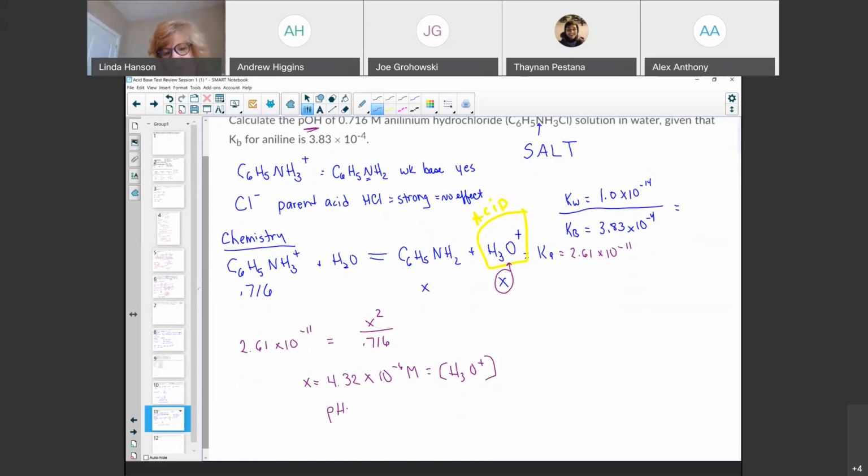Since this is the hydronium, I can negative log 4.32 times 10 to the negative 6 and get something called pH because it's the hydrogen. So I'll hit negative log of that answer.